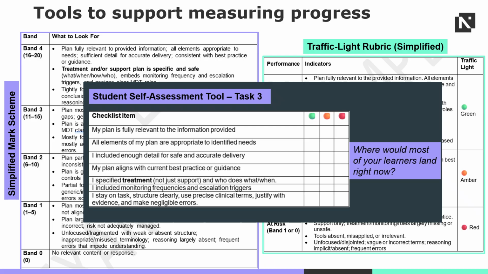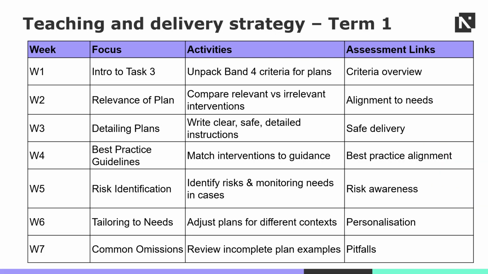So reflect those expectations in the criteria: the plan is relevant, elements match the needs, there is enough detail for safe and accurate delivery, it aligns with current best practice, treatment, not just support, is specified with who does what and when, monitoring frequencies and escalation triggers are included, and the write-up is focused, precise and low errors.